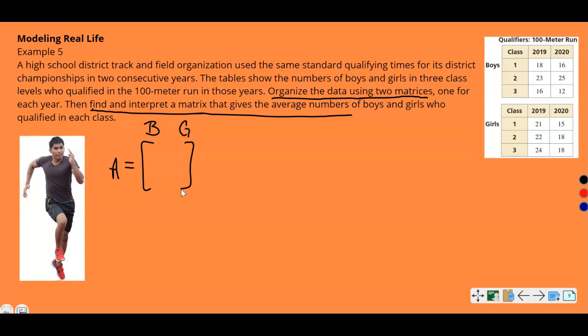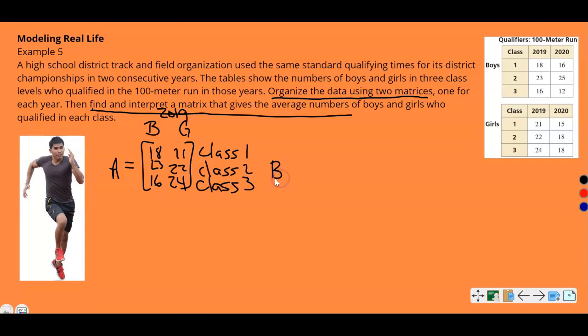So for 2019, the boys were 18, 23, 16, and the girls from 2019 were 21, 22, and 24. So we can say that's class 1, class 2, and class 3.